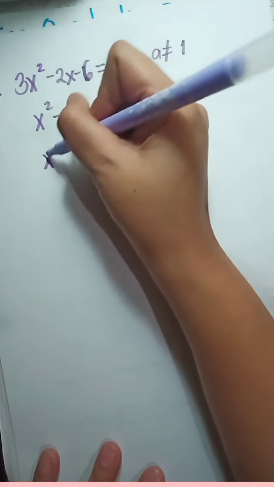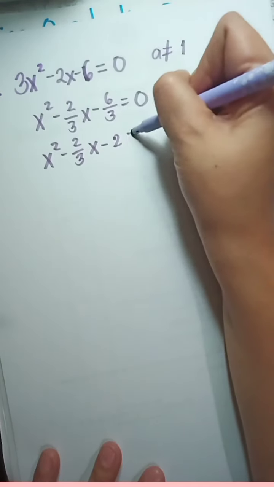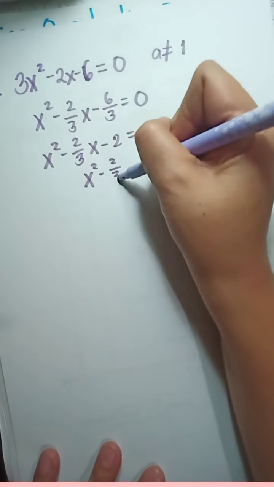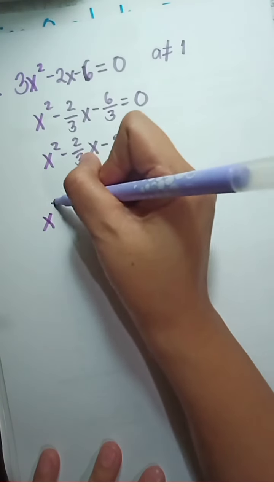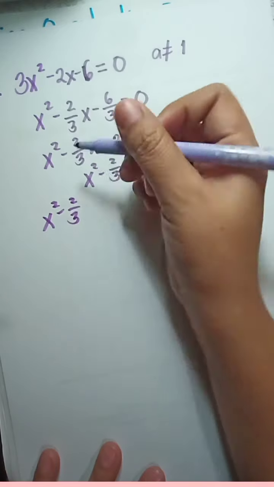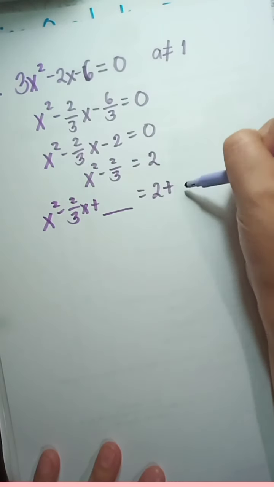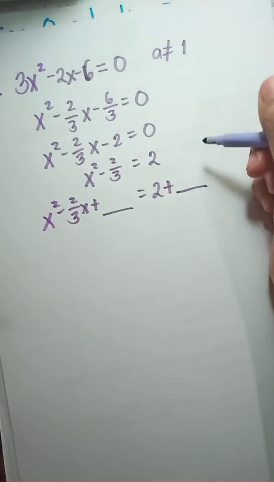So we have x squared minus 2 over 3 x minus 6 over 3 equals 0. So if we simplify it, we will have x squared minus 2 thirds x minus 2, transpose negative 2 to the other side, and then get the third term by dividing b over 2 and then square it.